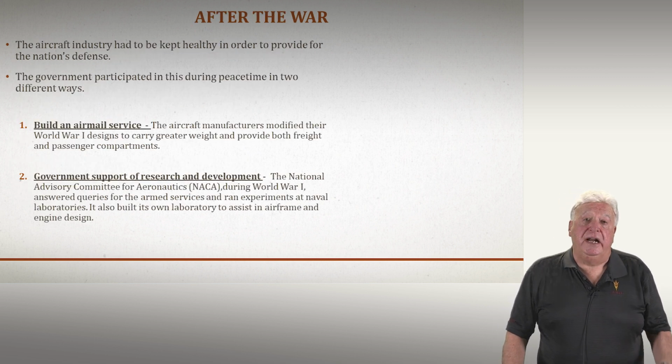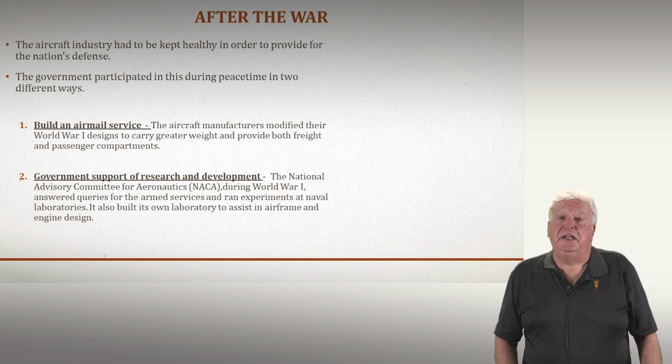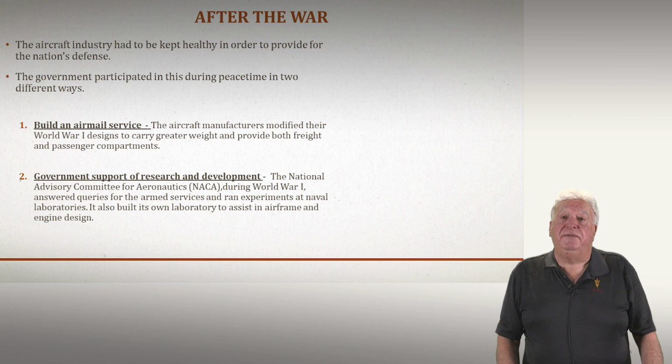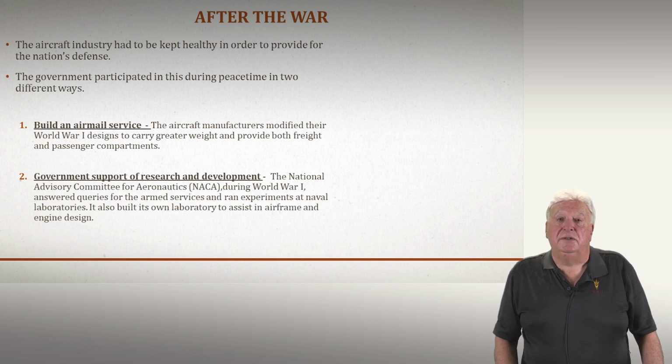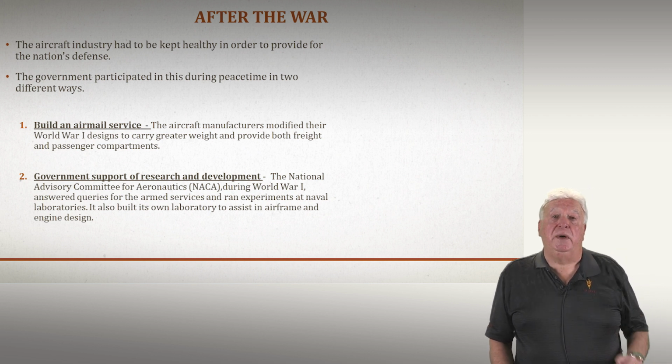Okay, after World War I, most knowledgeable people in the military services had come to believe that the aircraft industry had to be kept healthy in order to provide for the nation's defense. How the government was going to participate in doing this during peacetime, with peacetime budgets, was resolved during the 1920s in two different ways.